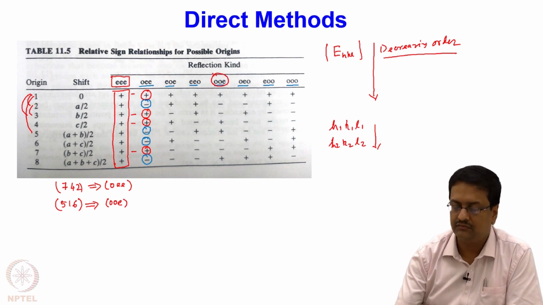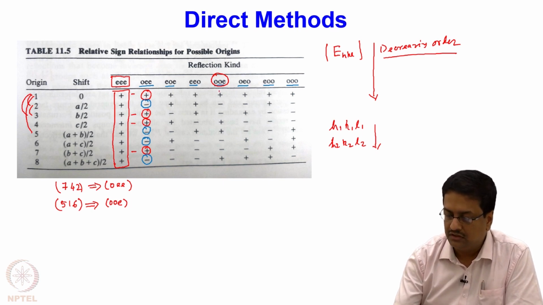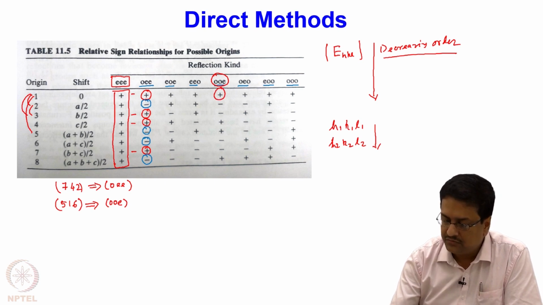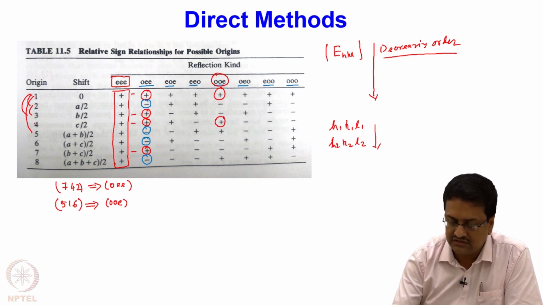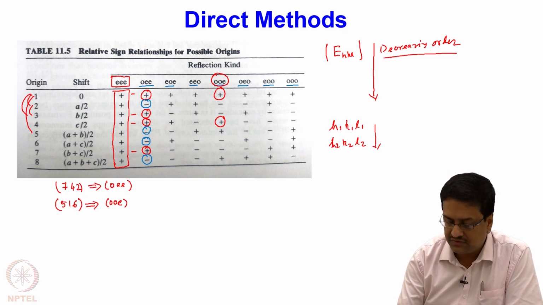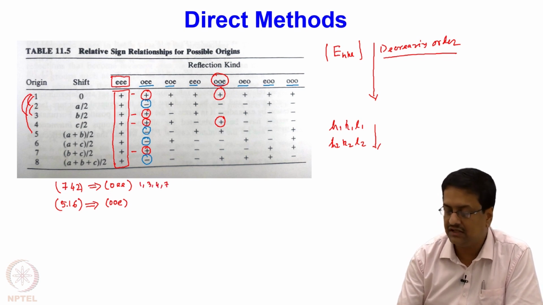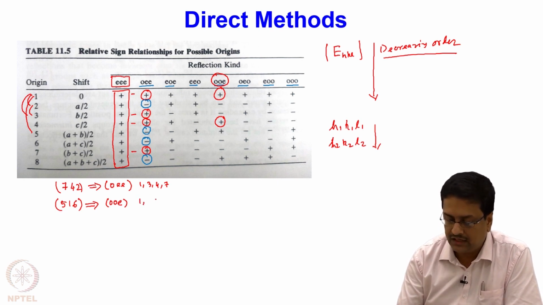So now with plus sign of 742, the odd, odd, even has plus signs for 2 cases, the origin at 1 and origin at 4. That means the choice of origin for 742 was 1, 3, 4 and 7, but now for 516 reflection that choice is now reduced to 1 and 4.